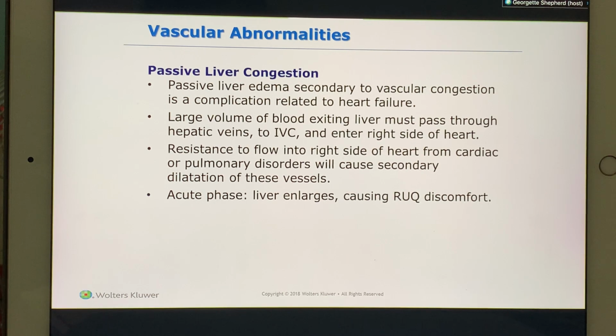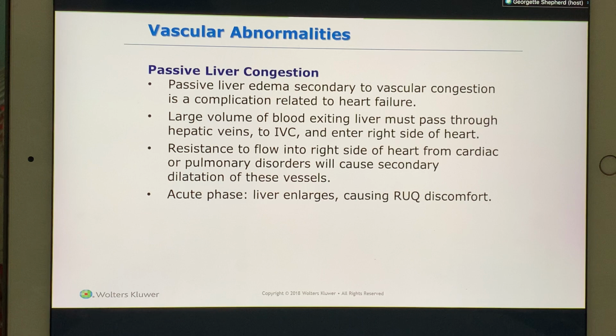Passive liver congestion is edema secondary to vascular congestion, and it is related to heart failure. If the heart can't take the blood coming from the IVC, which takes blood from the hepatic veins and the caudate lobe, then all of that has to pass through the right side of the heart.